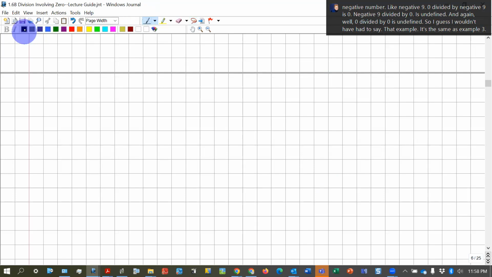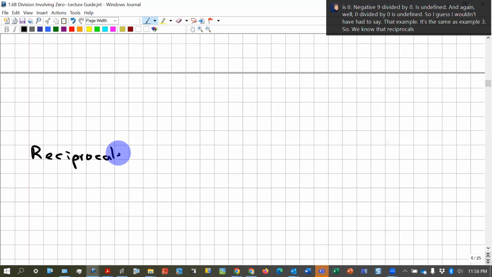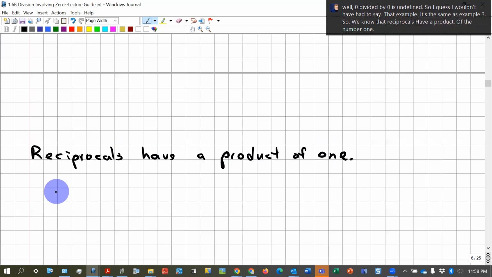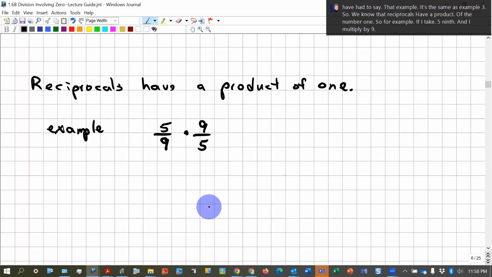So we know that reciprocals have a product of the number 1. So for example, if I take 5/9 and I multiply by 9/5, well, that's 45/45, which is 1.